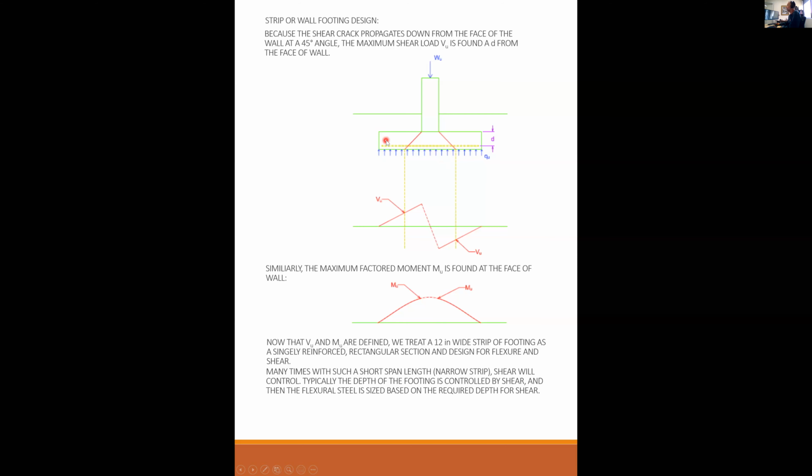We figure out how deep the foundation needs to be to satisfy V_u, and then we figure out what d is based on that and design for M_u. The longitudinal steel, that steel that is in and out of the page in this illustration, is sized by minimum temperature and shrinkage requirements. The minimum development length of the flexural steel must be checked as well.